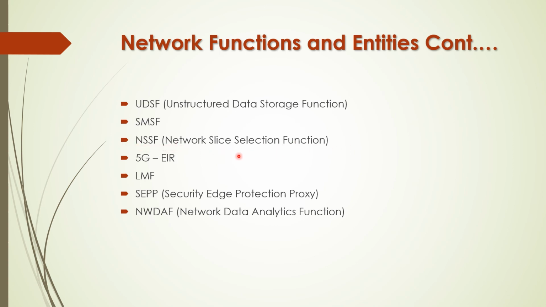Once we divide our network into network slices, we need a function for selecting the particular slice which the service requires. When a UE is selecting a service, it needs to select the slice. For that purpose, we need one more network function in 5G, which is the NSSF, network slice selection function.